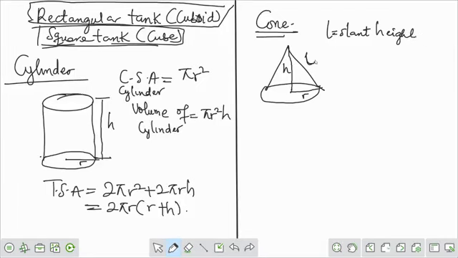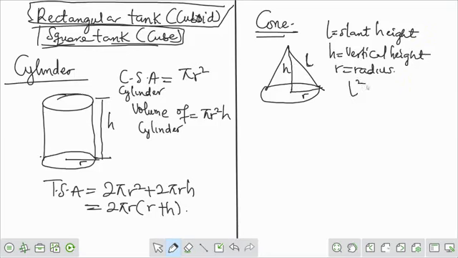This is the slant height, and this is the vertical height, or you may just say height. If they don't mention slant, just know that this is the height, and this is r, the radius.